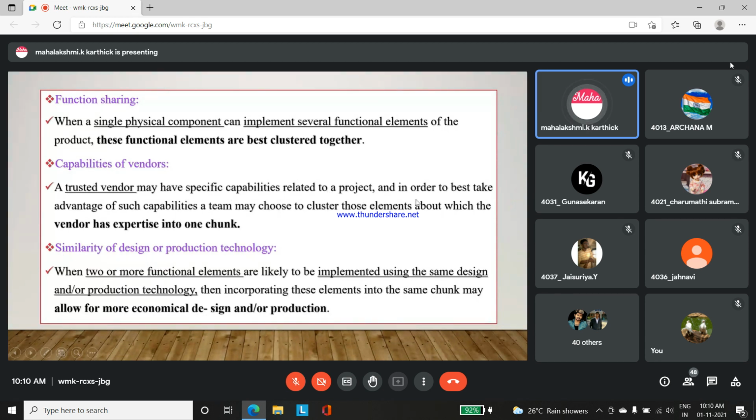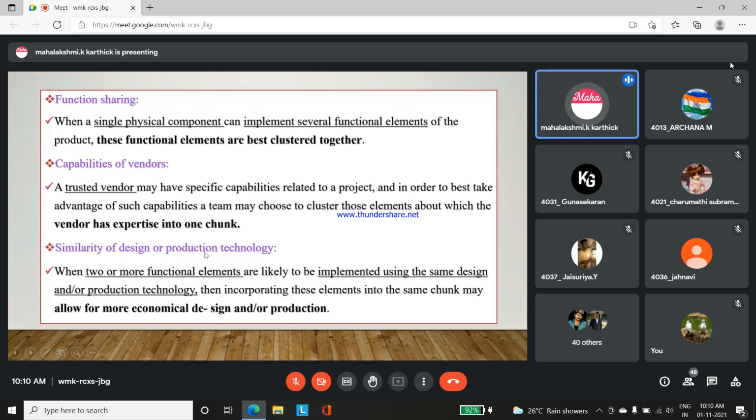In order to best take advantage of such capability, a team may choose to cluster those elements. So some best vendors, when you identify them, will give some ideas: which parts can be integrated together, which will give more benefit in functionalities. So clustering will be helpful for us in that case.